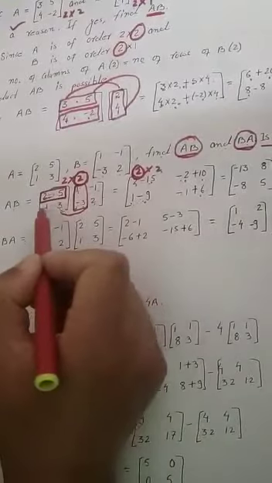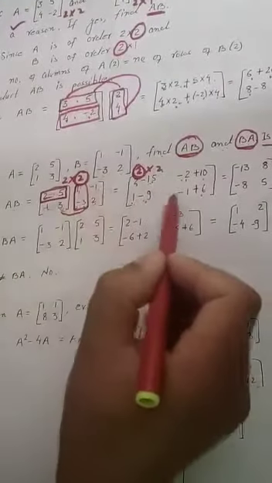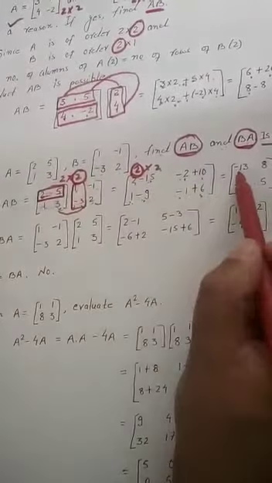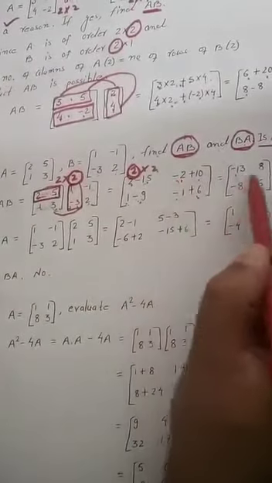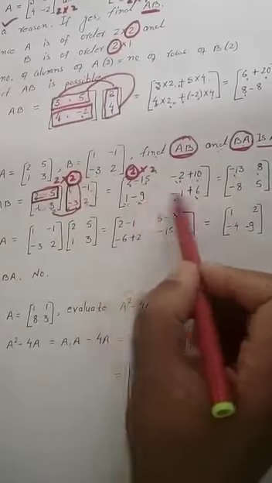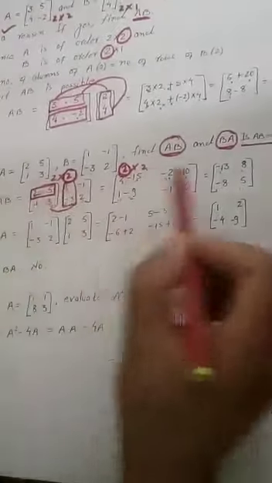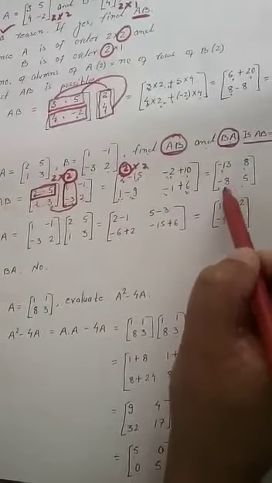Now second row, second column: minus 1 1s are 1, so 3 2s are 6. So we are getting 2 minus 15 is minus 13, minus 2 plus 10 is 8, 1 minus 9 is minus 8, minus 1 plus 6 is 5. That means AB is [-13, 8; -8, 5].